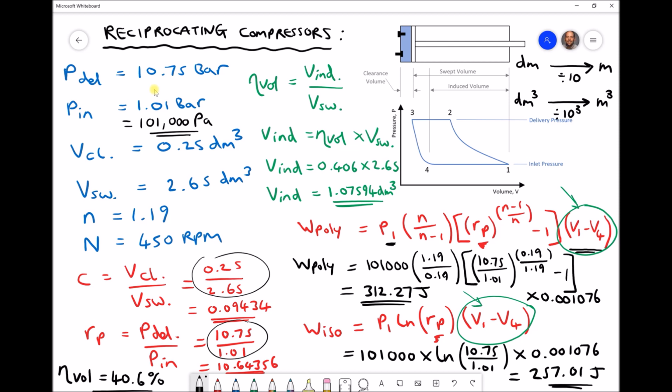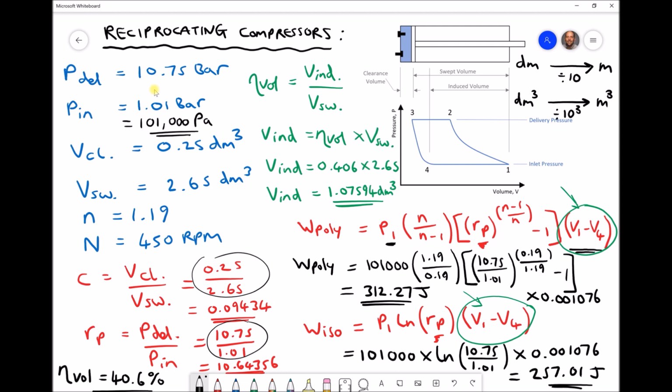So we can see there, if this was an isothermal compression, it would take 257 joules to compress and expel our air, whereas as this is a polytropic process, it's actually taking 312.27 joules.